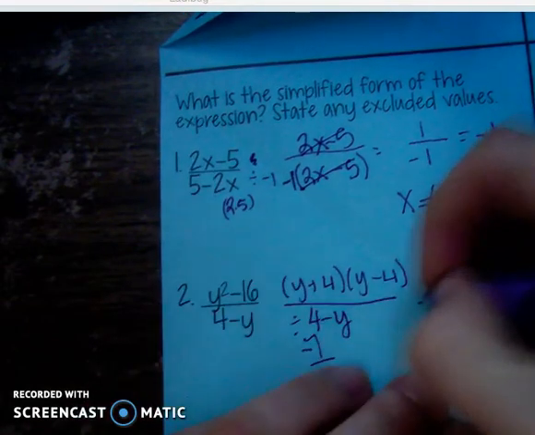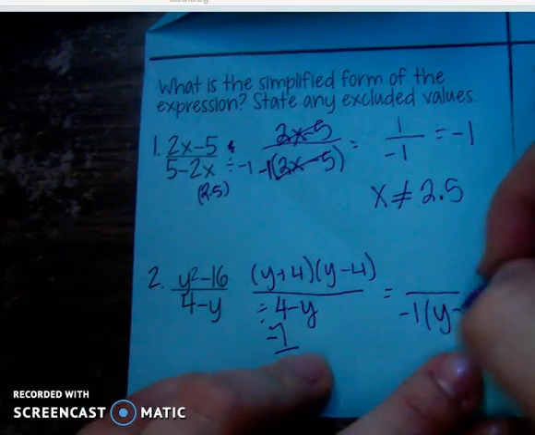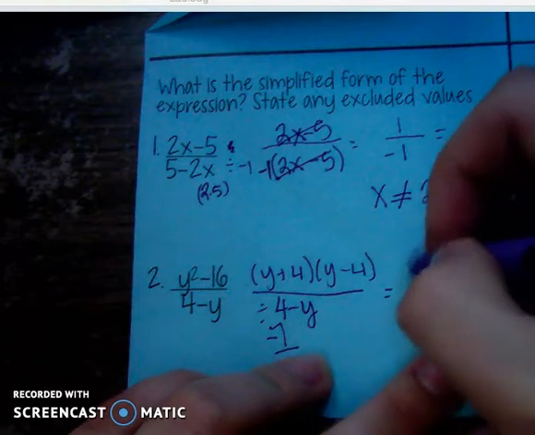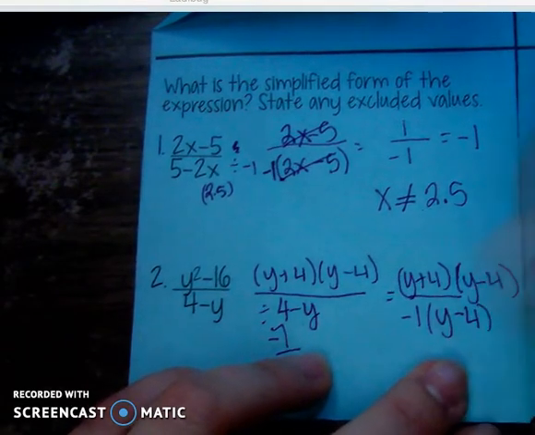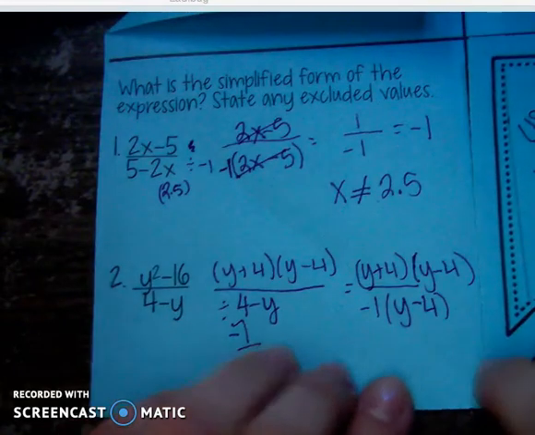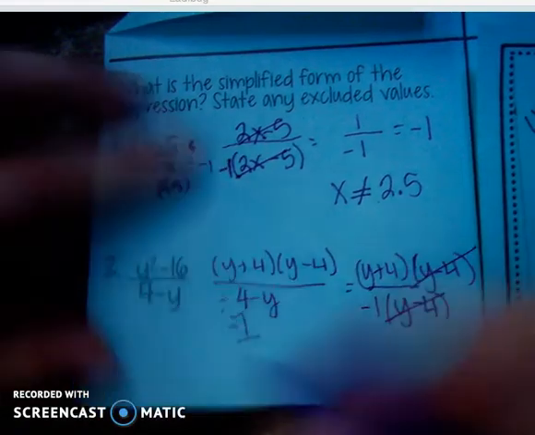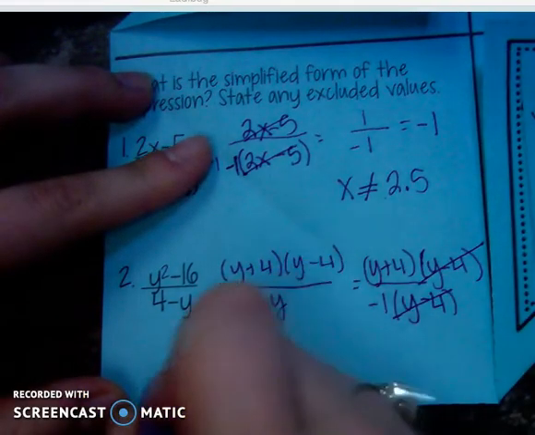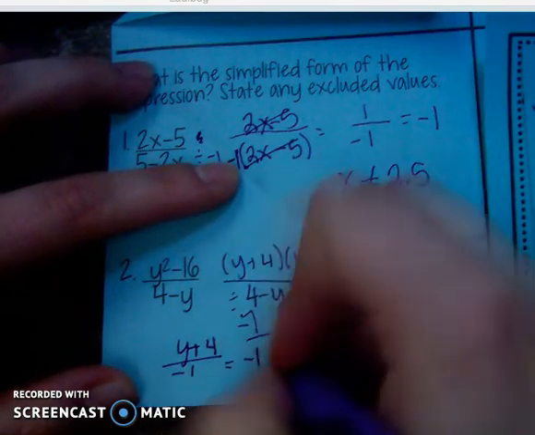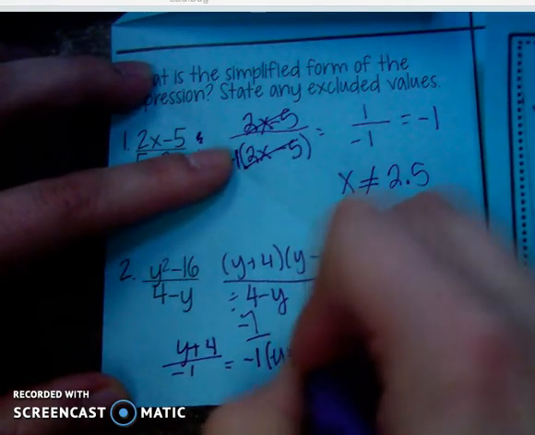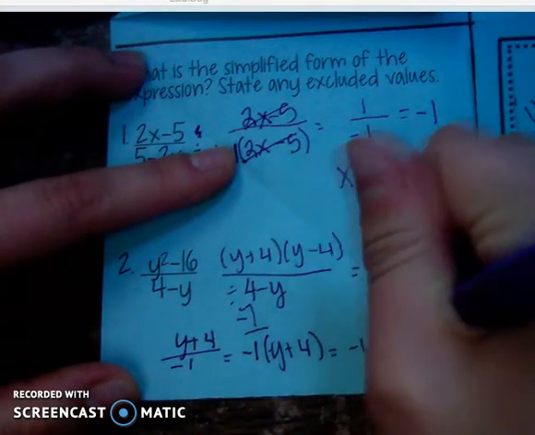And that allows me to switch it back. So now I can have y minus 4 and leave the rest on top: y plus 4, y minus 4. Okay. Now you can cancel or divide out those common factors, and I'm left with y plus 4 over negative 1, which is just negative 1 times y plus 4, and I can even simplify that by distributing: negative y minus 4.